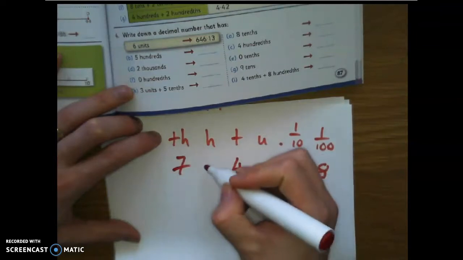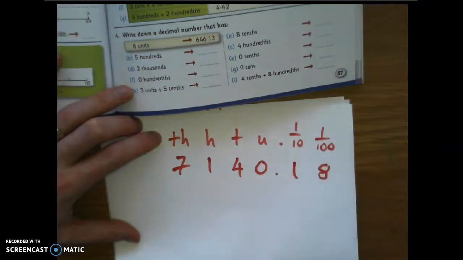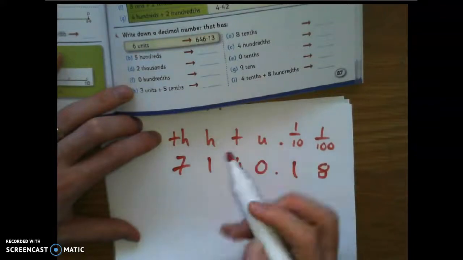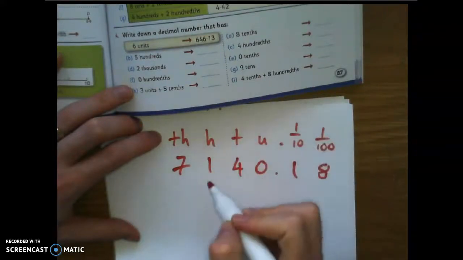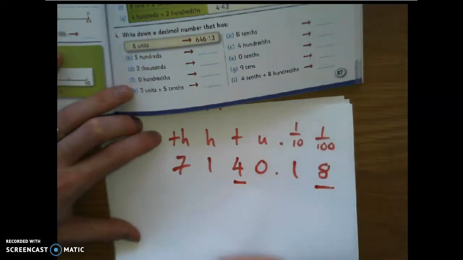Let's say 7,140 there you go. Right? I picked random numbers there. I just filled in the numbers that I needed. I put in 4 tenths and 8 hundredths, and I just filled in the rest.